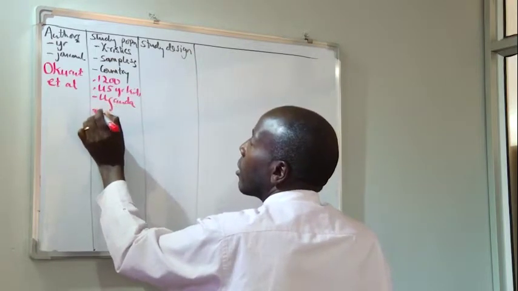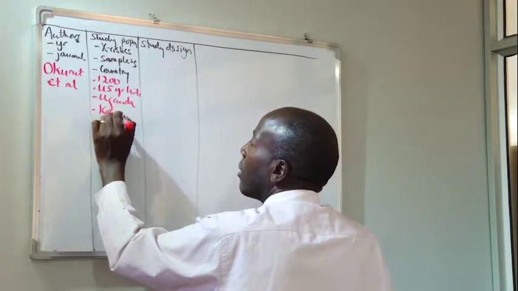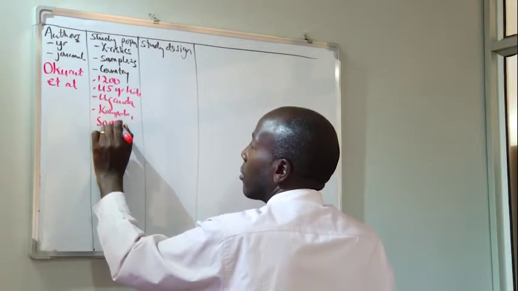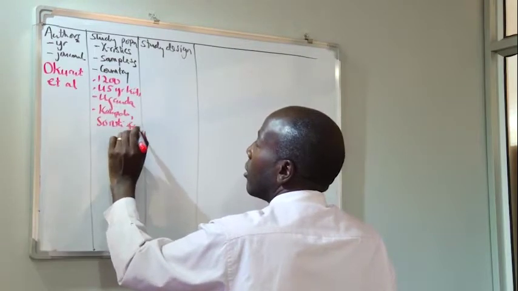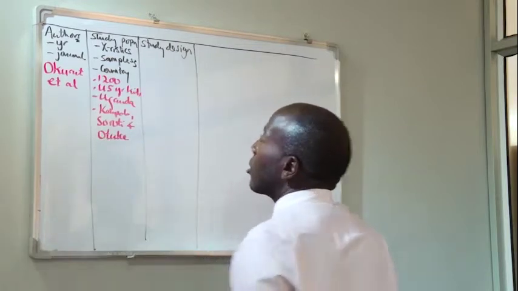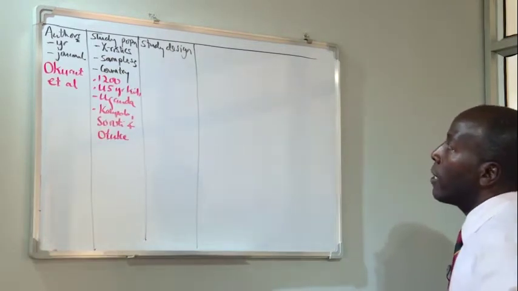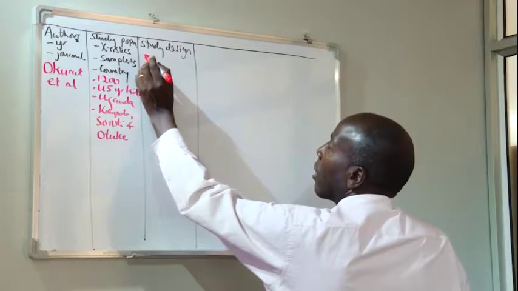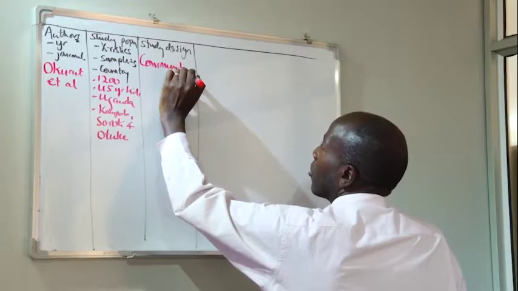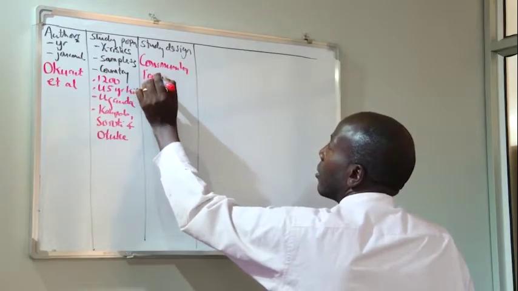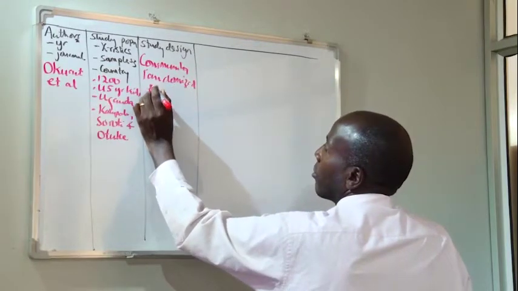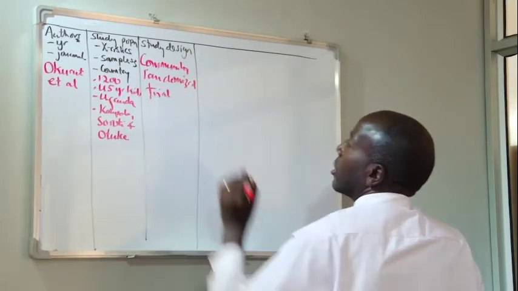You could even say Kampala, Soroti, and Otuke districts. That is a good summary. Then the design, community randomized trial, for example. You put the design.